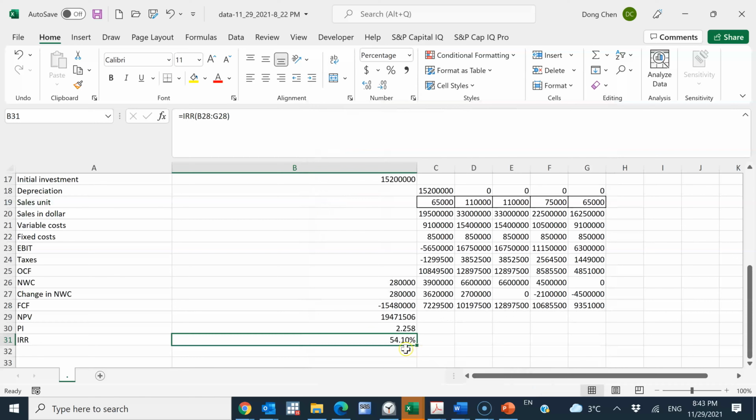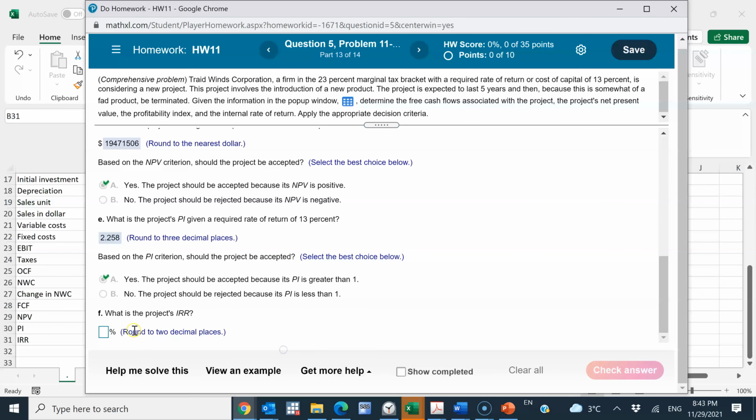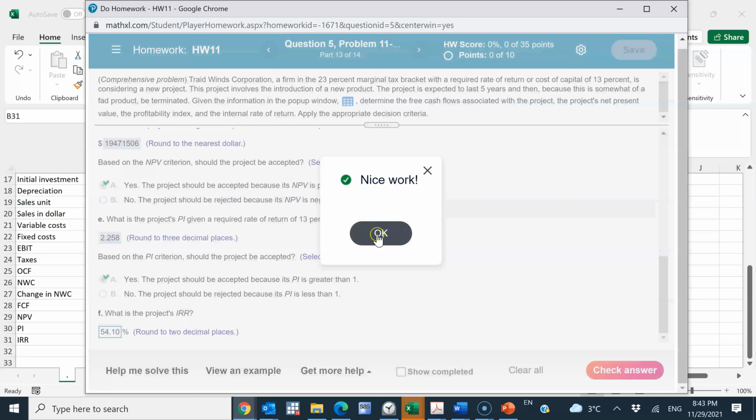And you can confirm, as I suspected, that the reason I saw 54% is because I kept 0 decimal places. Now, if I change that to 2 decimal places, you can see it becomes 54.10%. So I'm going to put that number back, 54.10%, and check my answer.